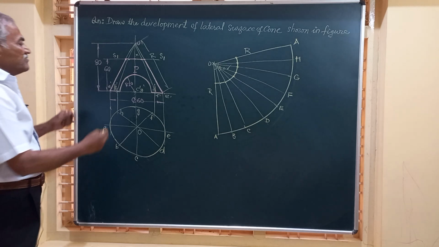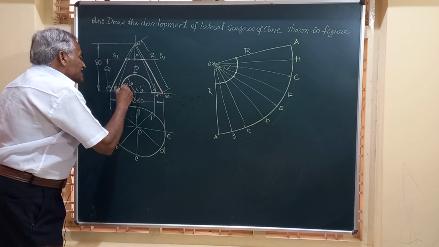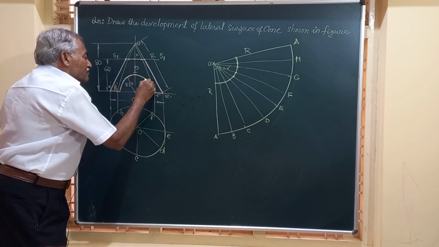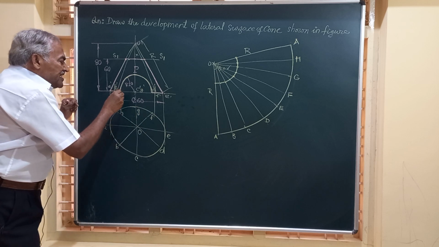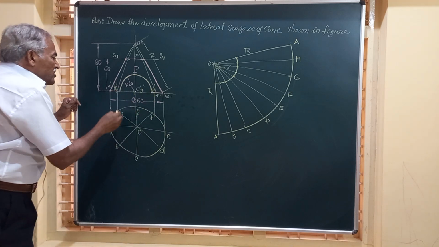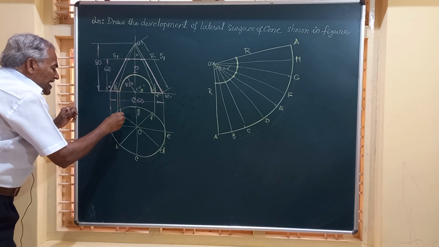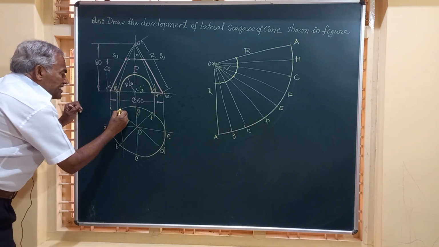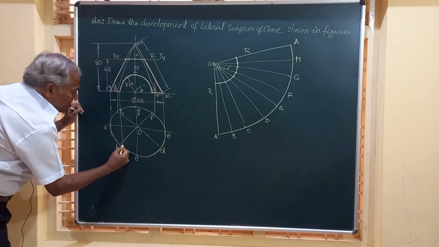Then friends, let us come to the second section plane. The second section plane is this, a curved section plane, it can be assumed. So it is cutting the base at these two. Let us draw a vertical line from there and see where exactly it is cutting. Friends, it is cutting the base here on HG, on BC.